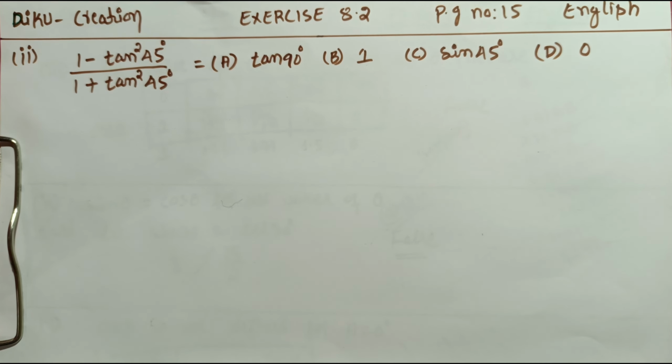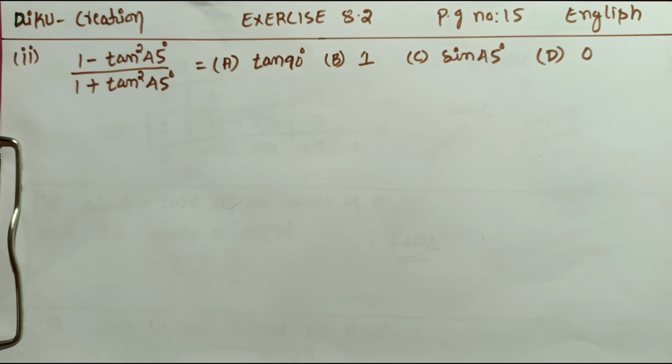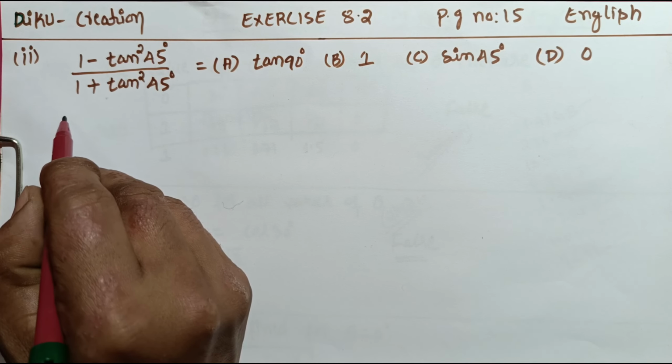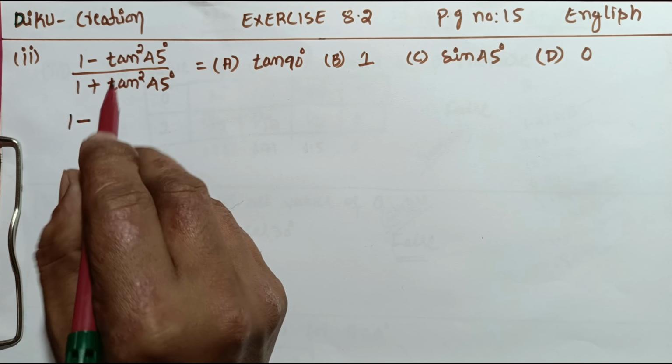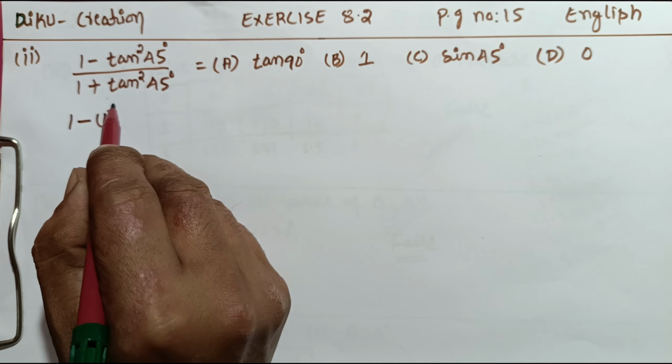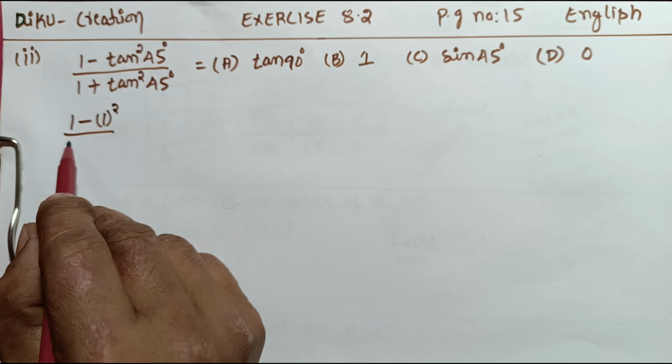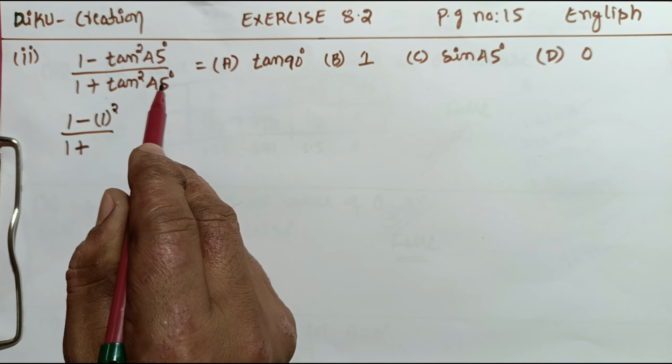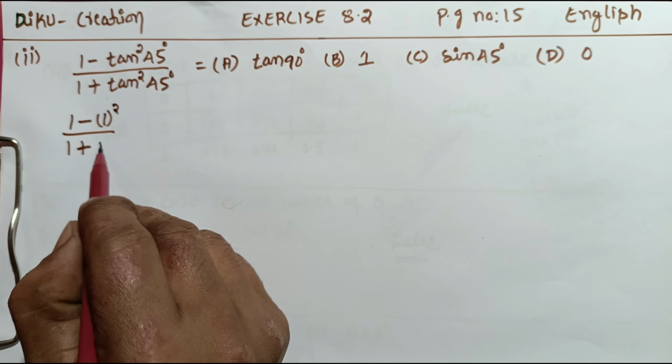Okay, first, in order to solve this, I need to substitute the value of tan 45 degree. Refer to the trigonometric ratio table. From that we need to substitute the value. So 1 minus tan 45 degree value is 1. Here there is a square, 1 square divided by 1 plus tan square 45 degree. Tan 45 degree is 1.